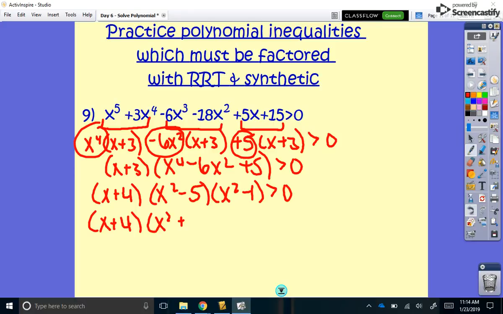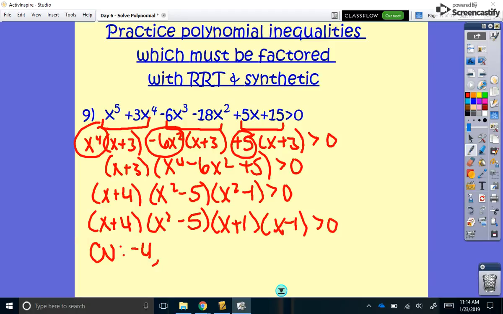So we have x squared minus 5, and then we'll have x plus 1, x minus 1. Look at these critical values. If I take x squared minus 5 and set it equal to 0, I'm going to get x squared equals 5, take the square root, and x is going to be plus or minus the square root of 5.